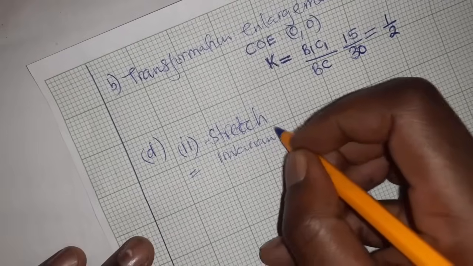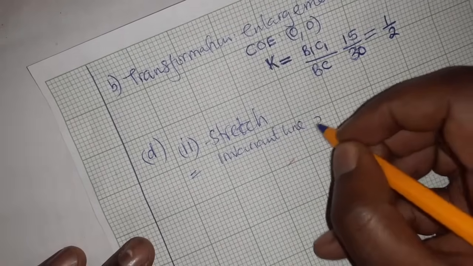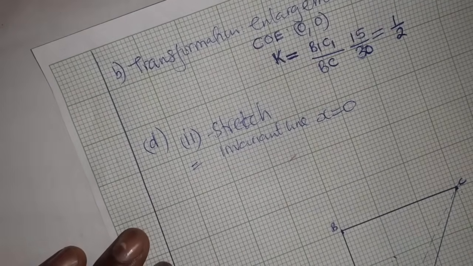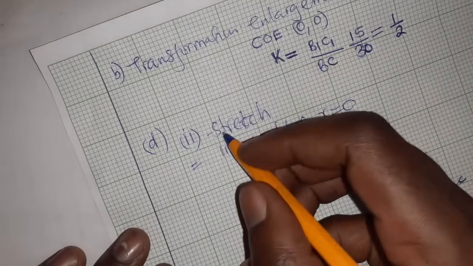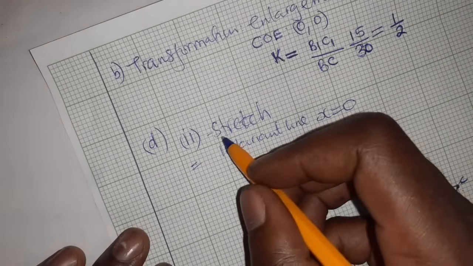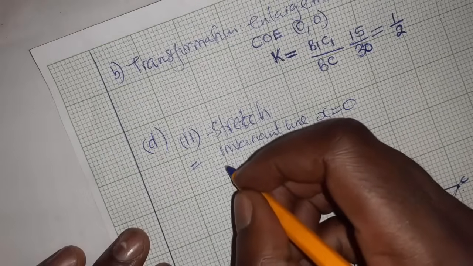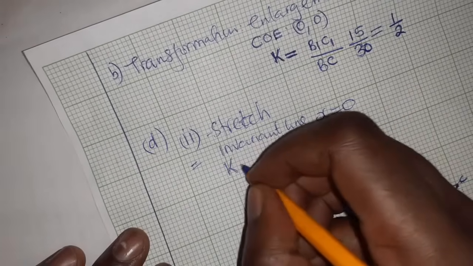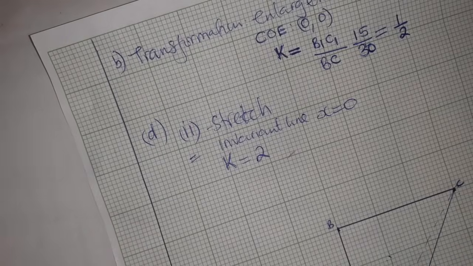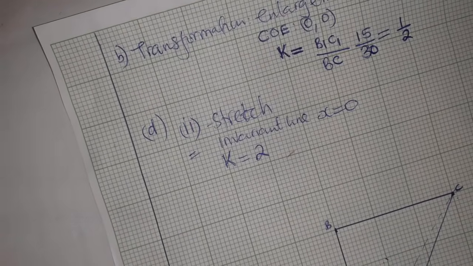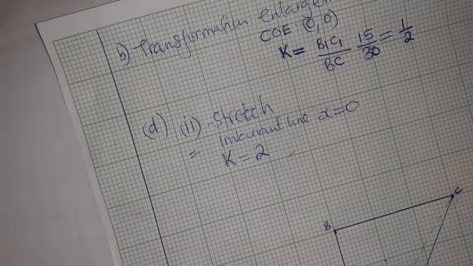The invariant line is x equals 0. Then the stretch factor is equal to 2. This is the information that you need to put here. That's all about this question.